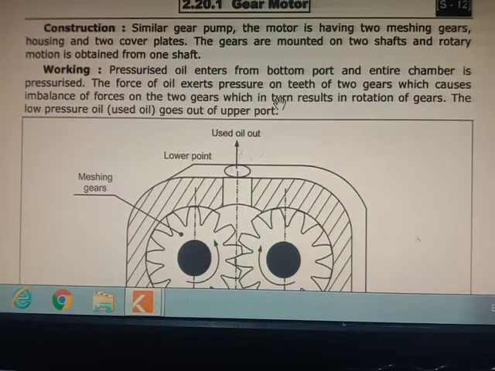The force of the oil exerts pressure on the teeth of the two gears, which causes an imbalance of forces on the two gears, which in turn results in rotation of the gears. The low pressure or used oil goes out through the upper port, and through the direction control valve it goes to the reservoir.